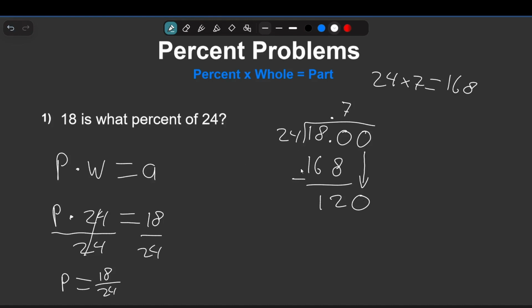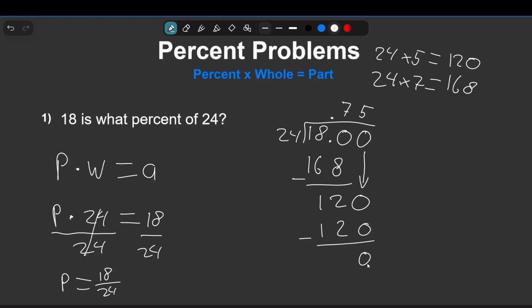Well, 24 fits 5 times into 120. So we're going to write our 5 up here. So 24 times 5 will equal exactly 120. Now we have to subtract these two from each other. And 120 minus 120 will equal a clean-cut 0, and this will tell us that our answer is done.